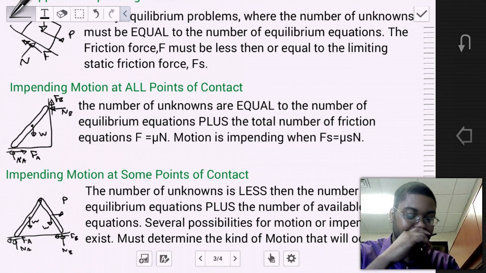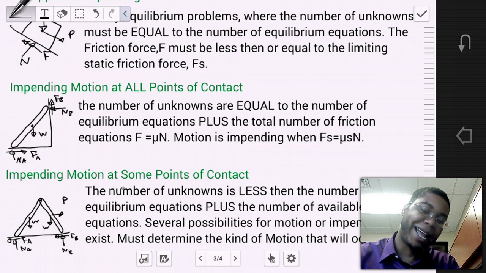The final type of problem is impending motion at some points of contact. This is the case where you have multiple points of contact, but motion can be found in one point of contact and not in another. For the example of this, we have two members that are pin connected on a smooth surface.